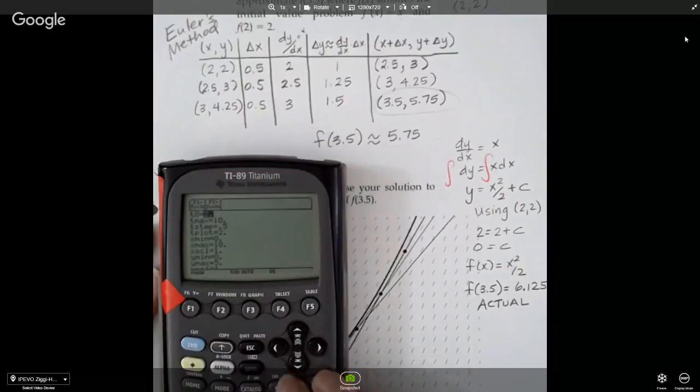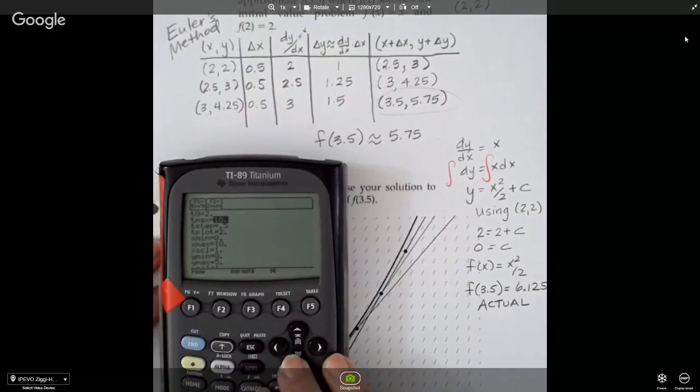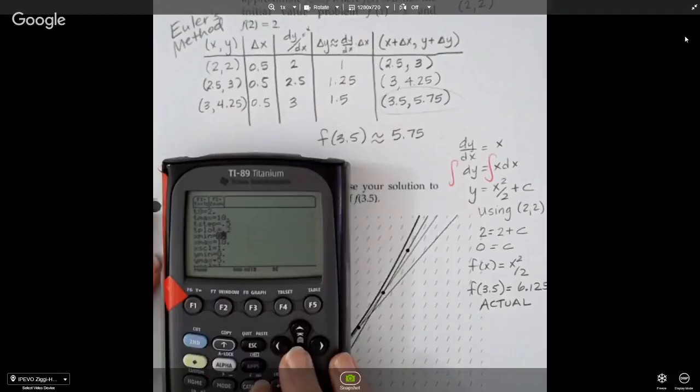Then it's going to go from the T max is, I think that's fine because we're going from 2 to 3.5, so we're okay there. The step is 0.5. Let's leave the plot at 0.2. And x min is 0.